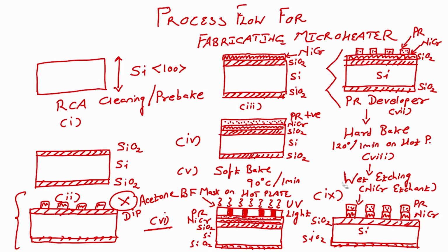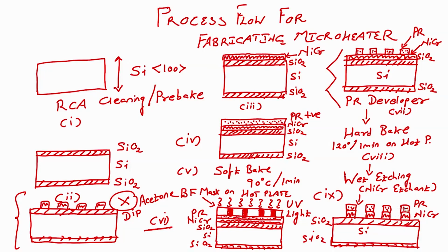Next step would be wet etching. Wet etching can be done in nichrome etchant, since our metal used for micro heater is nichrome. And after that when you perform a wet etching, then you will see that the nichrome in the area which was not protected by photoresist got etched.